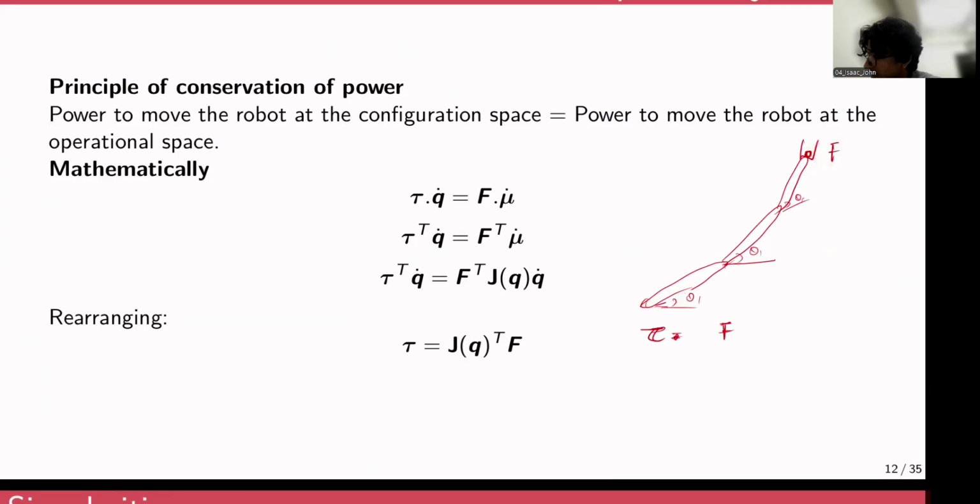It is done by using the Jacobian matrix, J transpose F. This is how you do the force mapping.